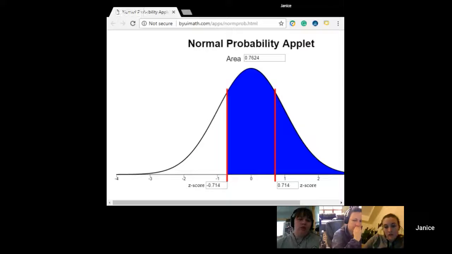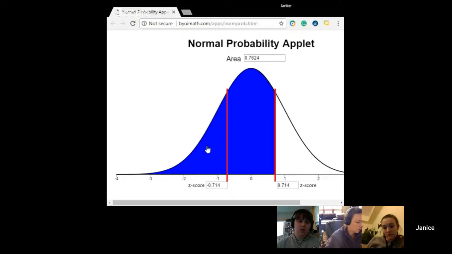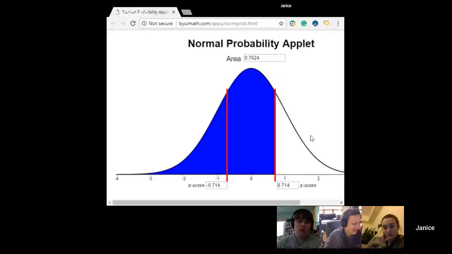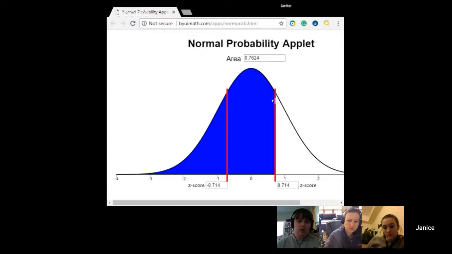But then when we go to 15 and it says that it's less than 0.7, it's the same answer. Yeah, because it's this. I wonder if they're trying to trick us and it is the same answer. Because 0.7 would be right here. And anything less would be that full amount also. Do you think it would be the same answer then? Yeah. It's a 0.762.